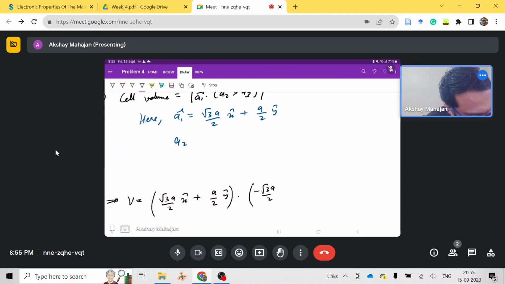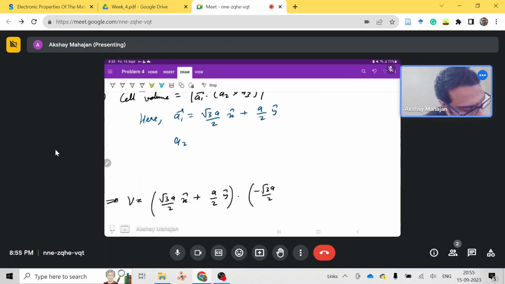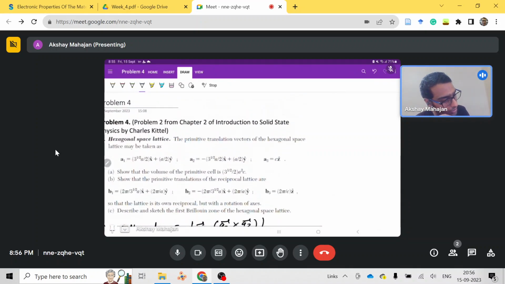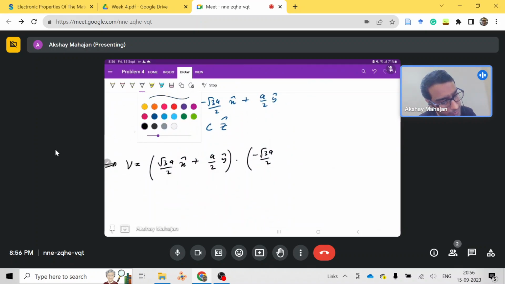E2 vector is equal to minus root 3 A by 2 x cap plus A by 2 y cap, and E3 vector is equal to C times Z cap. Alright, and this is what we are already given, and we are just putting these things in this formula.